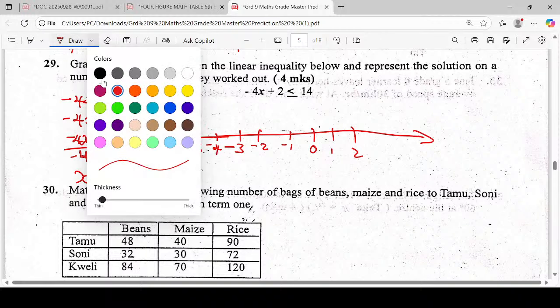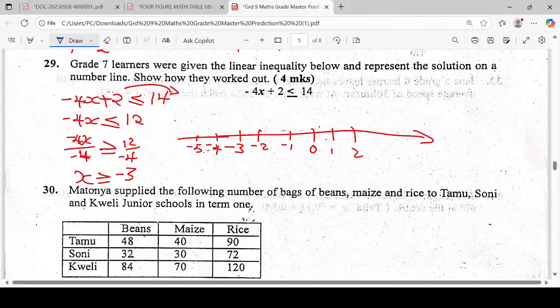You can see from it, x is from negative 3. That means that negative 3 is inclusive. But now, it should be towards the right because it should be greater than. So that's how you can represent your inequality.